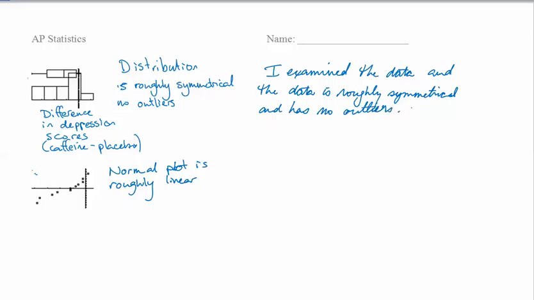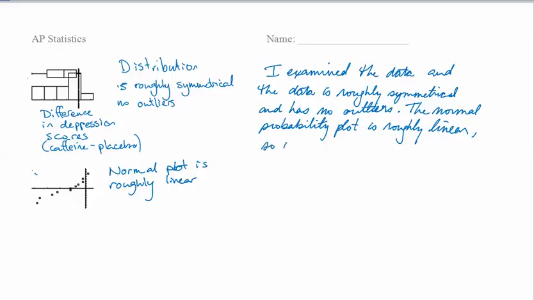The normal probability plot is roughly linear. So we should be safe using t procedures.